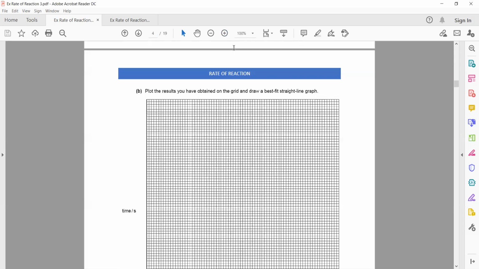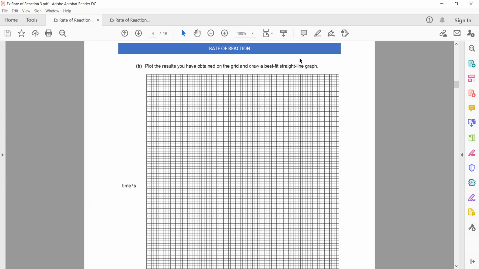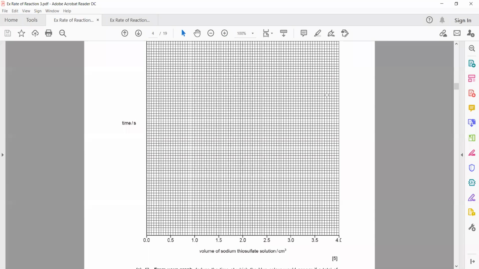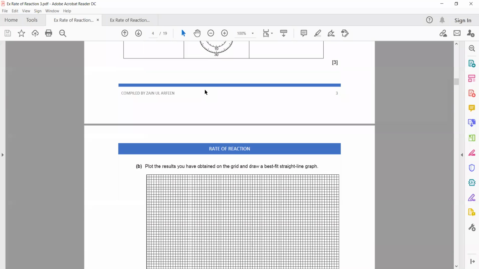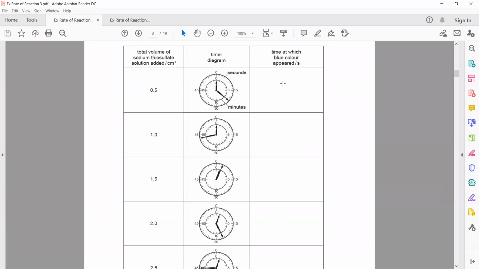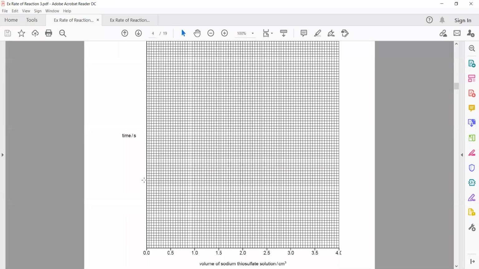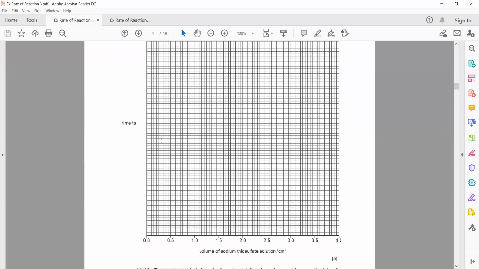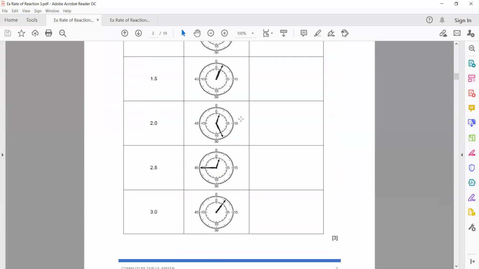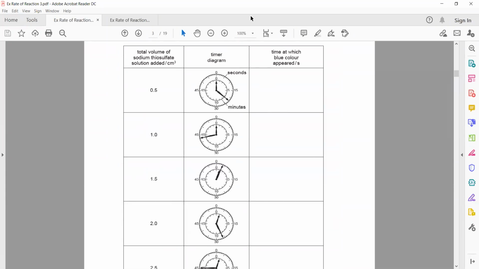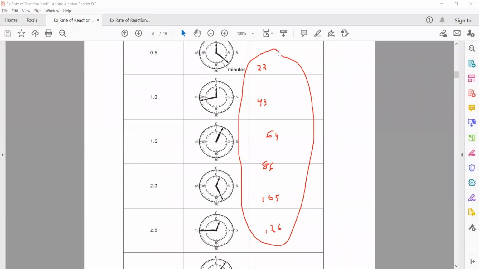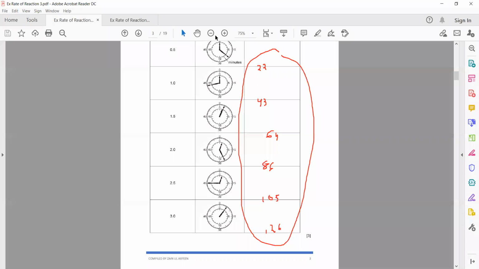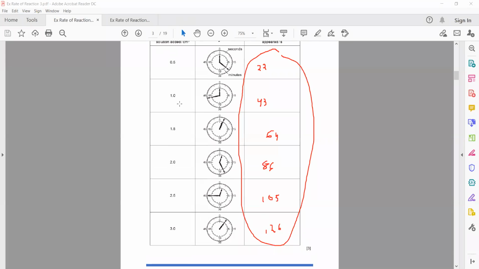Then using a grid, we have to sketch a graph, draw a best fit straight line or plot the results. You have the time interval, and you have to select a scale according to the graph so that you can fit all these numbers: 22, 43, 64, 86, 105.